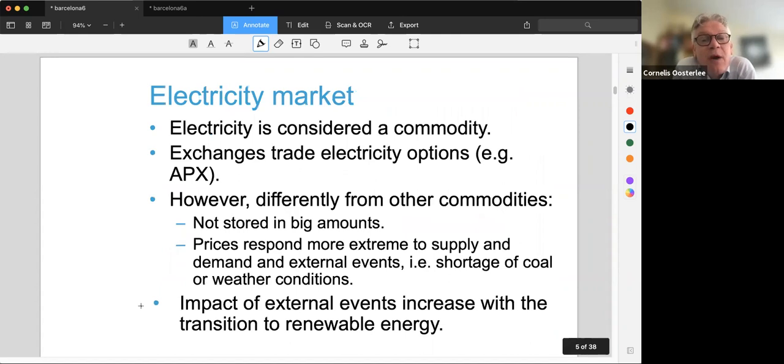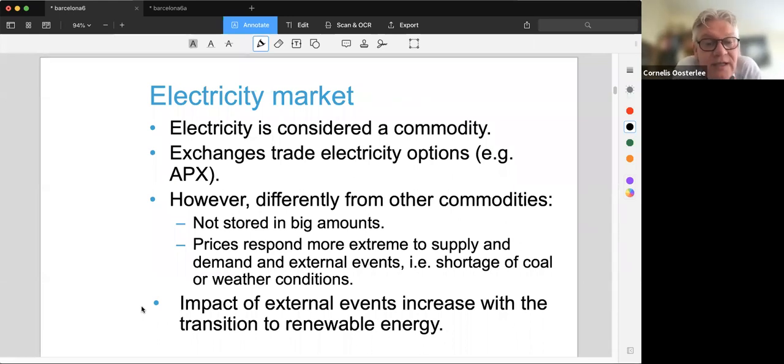Well, the electricity market: many countries have liberalized their electricity prices. And electricity is nowadays also considered a commodity, like oil, gas, but also like many other commodities. There are exchanges that trade electricity options like APX.